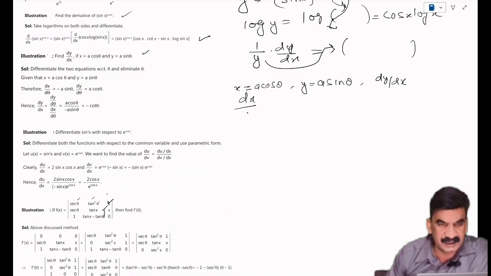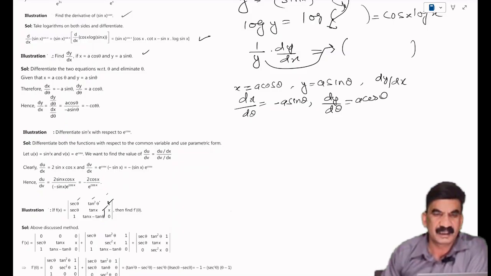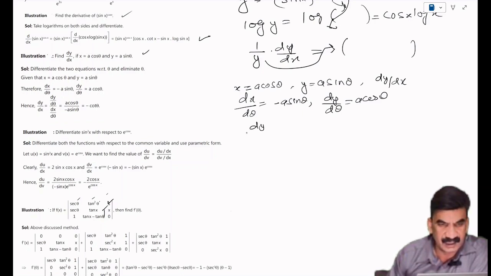I get dx by d theta, which is minus a sin theta. And I get dy by d theta, which is nothing but a cos theta. But I don't want dx by d theta or dy by d theta. But then I know for sure dy by dx can be written as dy by d theta divided by dx by d theta.